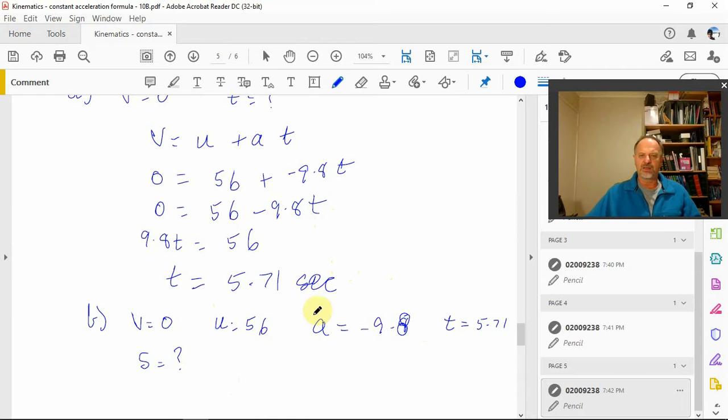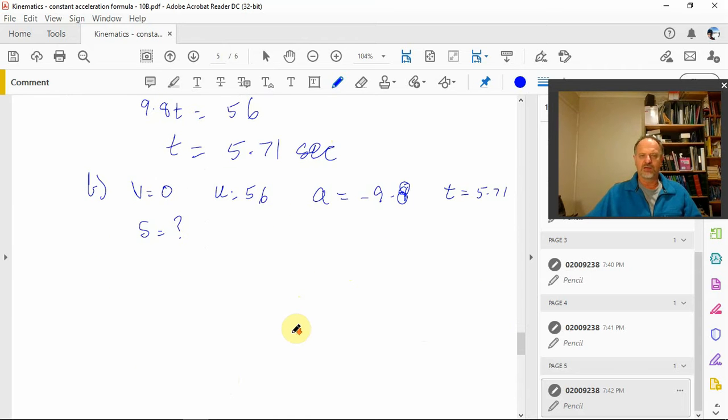So there is one of the equations that has v, u, a, and s in it, and that's the one that's v squared equals u squared plus 2as. I would prefer to use that rather than something with time in it, just in case I've made a mistake here. All right, so put in the information.